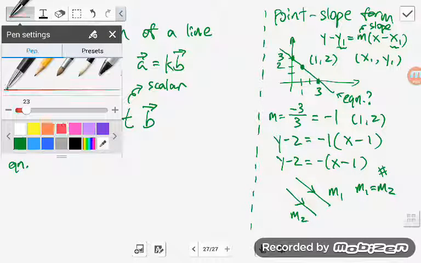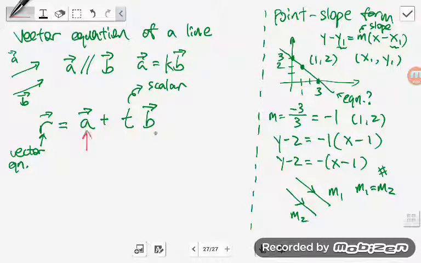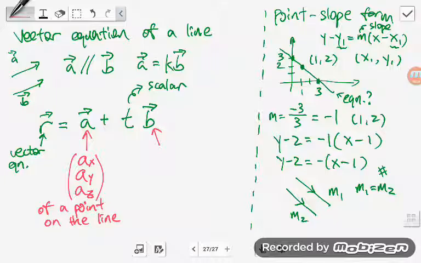Now, let me use a different color. My A and my B, I need to be careful with that. My A is the position vector of a point on the line. So it's very similar to the (x1, y1) here.